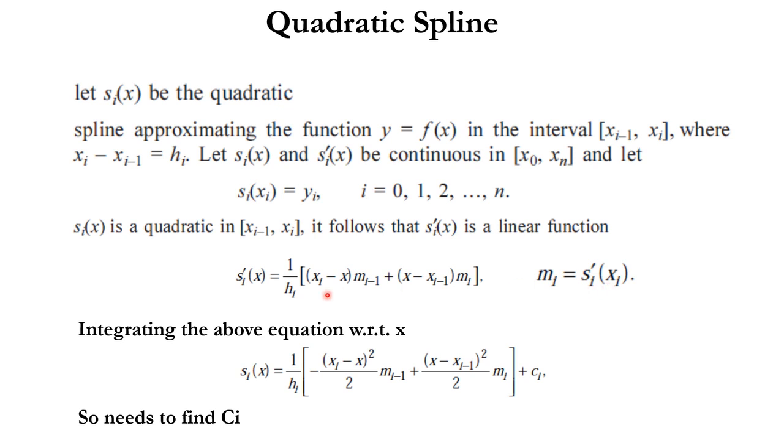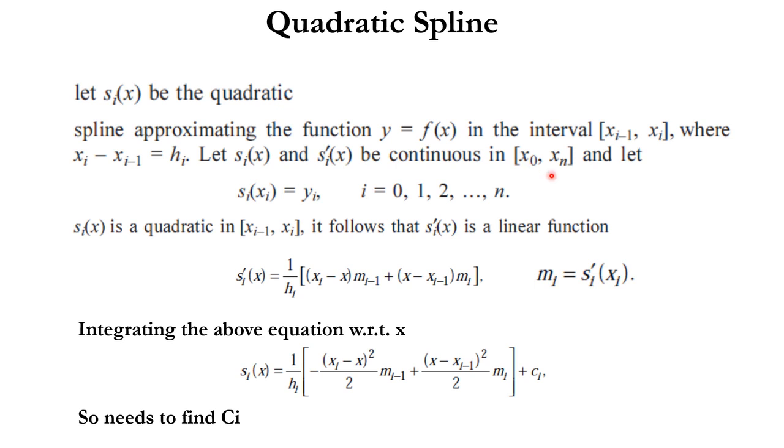So why did we write it like this? Because the first and second derivative of the function should be continuous in the interval x0, xn. Here, by writing this form, Si prime of x becomes continuous in the interval x0, xn.